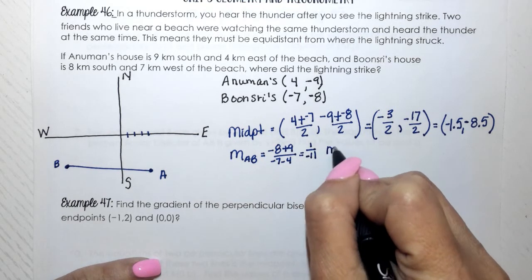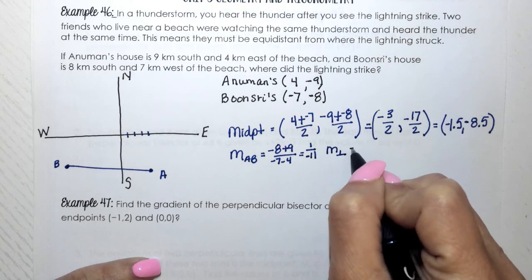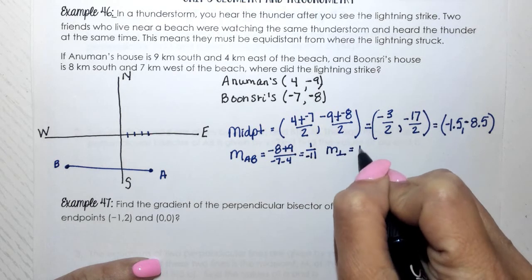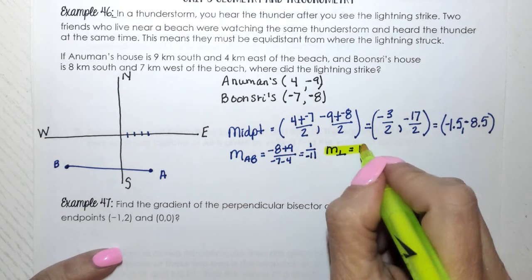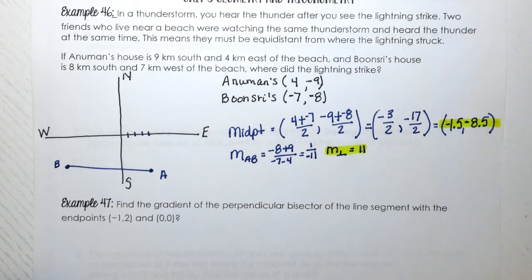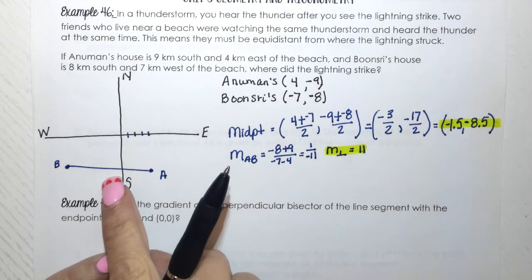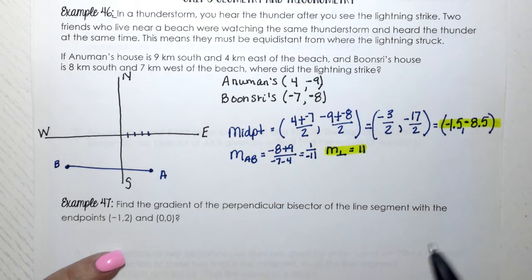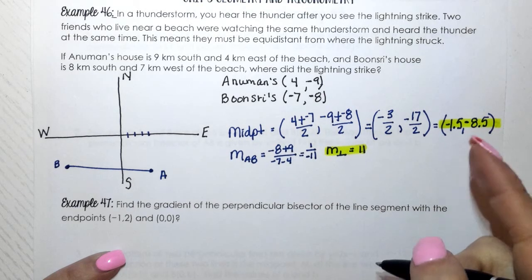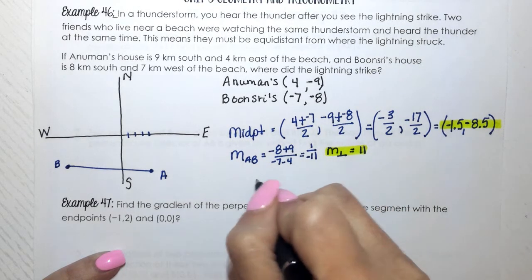So I need the perpendicular slope. I'm going to flip it and switch it, so that's going to be 11. All right, so I've got my slope and I've got this horrible point. I need the equation of the line that goes through this point and has this slope, and I can use my calculator to help me with this.